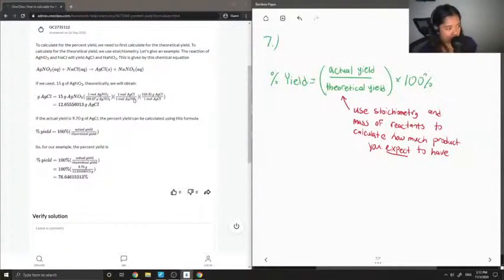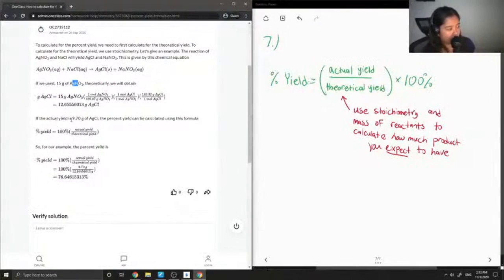So they did 1/1. And then to find the mass you would theoretically obtain, you multiply those moles by the molar mass of silver chloride. So theoretically, if we used 15 grams of silver nitrate, you should get 12.65 grams of silver chloride.